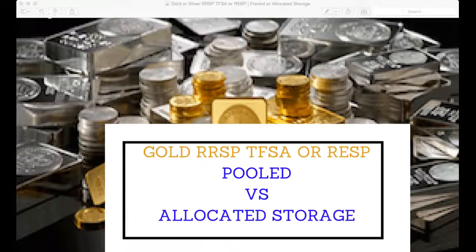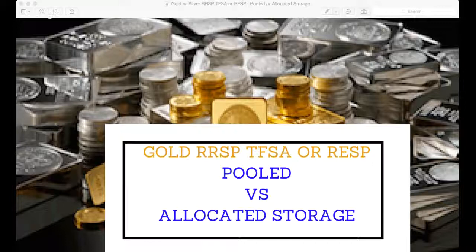One other last thing. These terms, pooled, allocated, segregated, are often misunderstood, and some companies use the word allocated when they mean segregated.